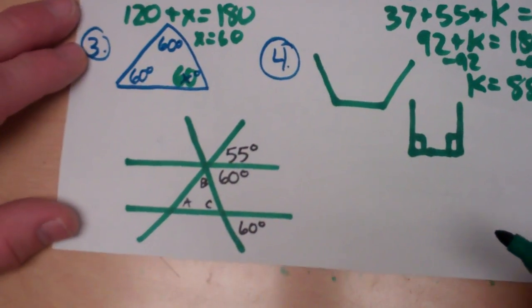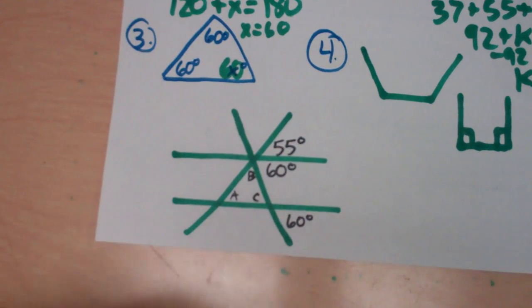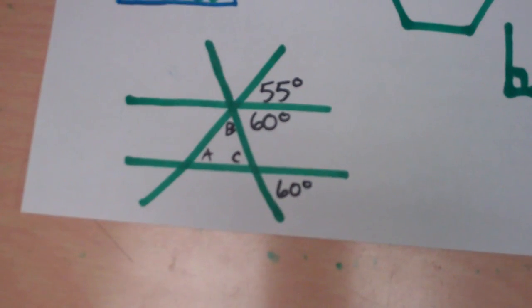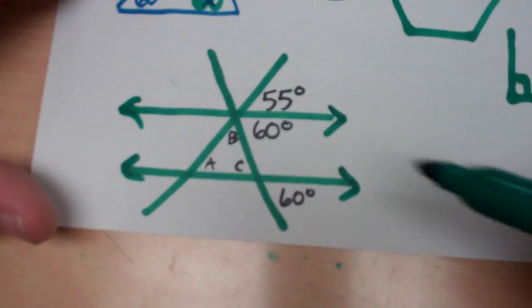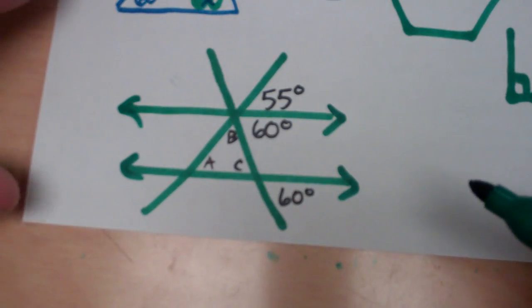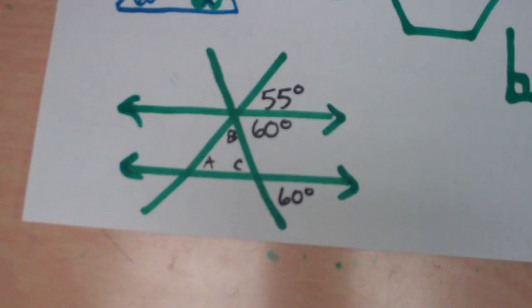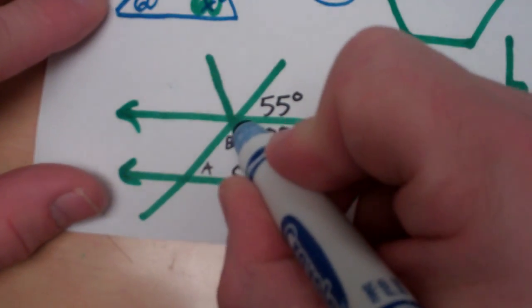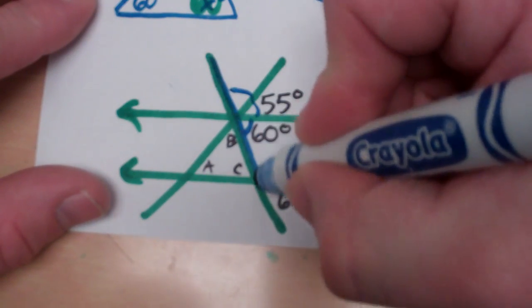And the last one, I just gave you a little bit of a problem here that's not on your paper. Zoom in just a little bit. So here you have some parallel lines. I'm going to tell you that this one is parallel to this one. And I have some information and I want to be able to find A, B, and C. Well, here's one thing I noticed from lesson 1: this plus this are supplementary and add up to 180.